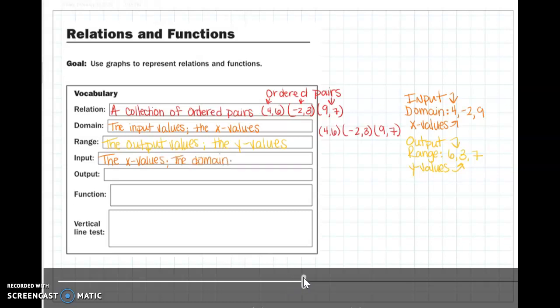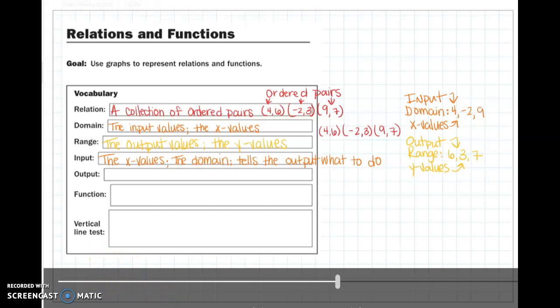But we want to add some more to that definition because you need to know that the input tells the output what to do. Like in 6th grade when you did input-output boxes, that's what the input is. So the input is in charge.